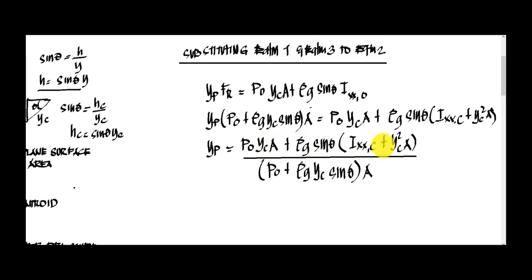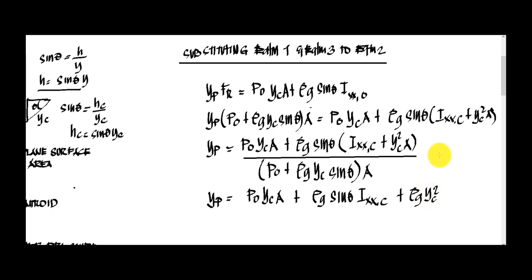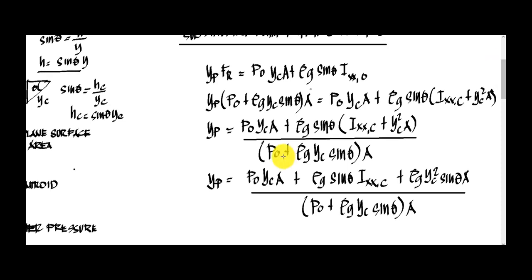Then expanding this part of our equation, so we have your yp that will be atmospheric, then you have your yc, the area, plus we have your density, gravity, times sine of theta, then times your ixc, then plus density, gravity, so we have here your yc squared, then that will be also sine of theta, so yc squared, then that will multiply by also your area here, and it is divided by the same equation here.